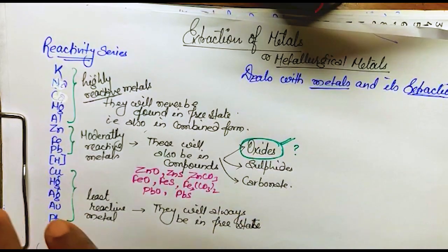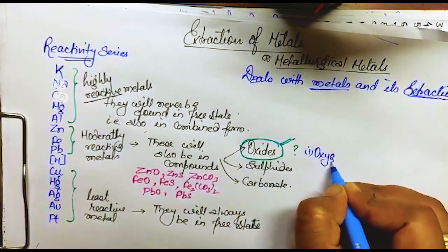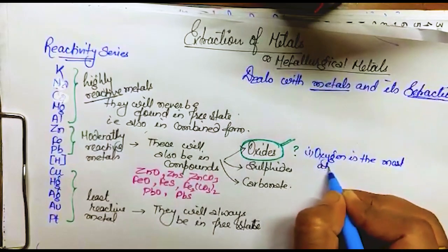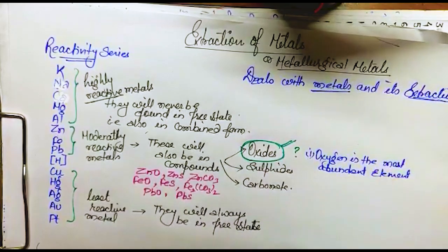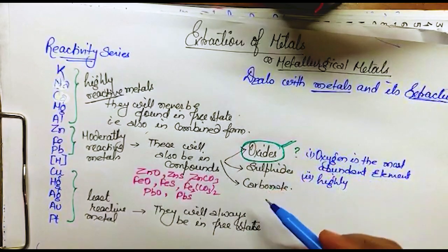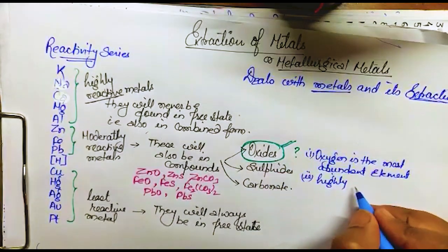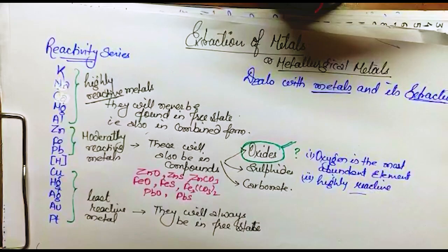The first reason is oxygen is the most abundant element, so obviously it will react fast. And the second is that oxygen is highly reactive. So obviously, with respect to sulfur and carbonate, oxygen reacts faster and forms oxide. Got it? Hope this is clear, isn't it?